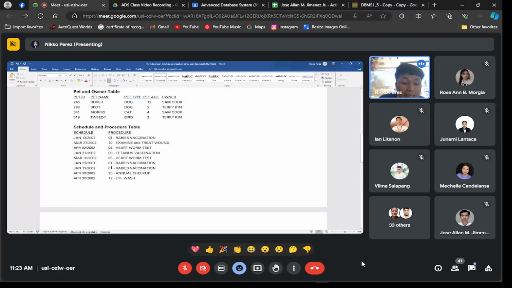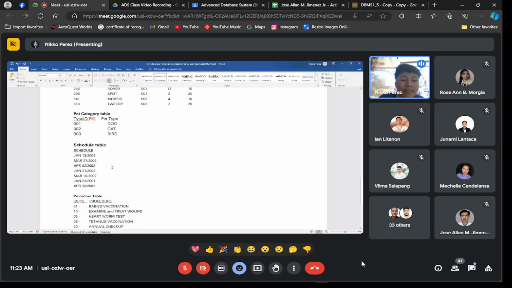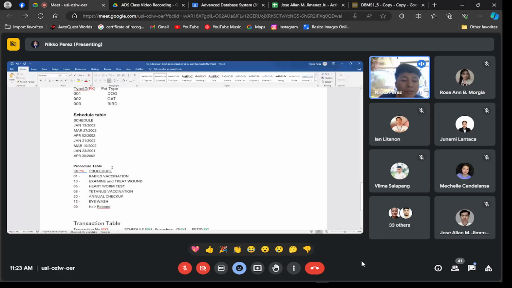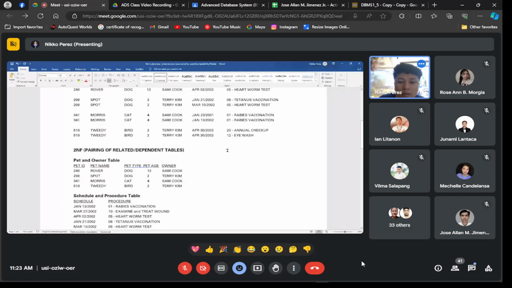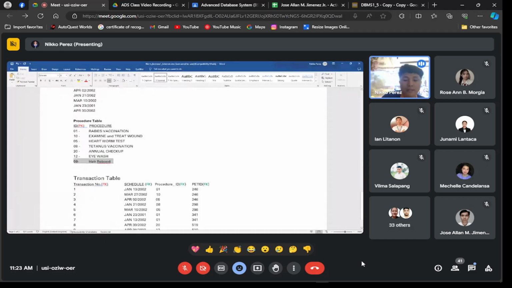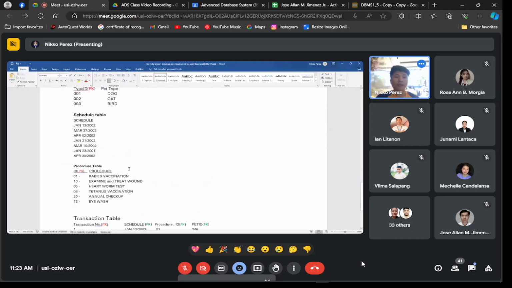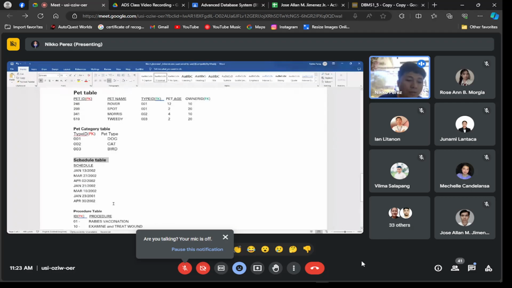All we have to do is redefine its attributes, so that we declare the ID as the numbers, then the procedures. Okay, looking back, the schedule and the procedure are separate.